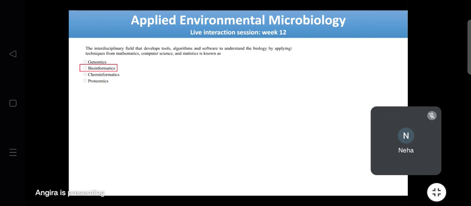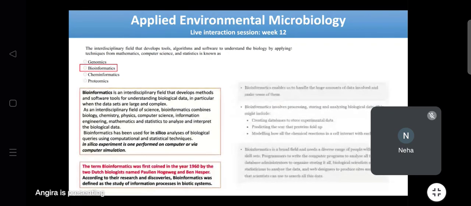So now for the clarity of everyone, let's check what bioinformatics is. As I had mentioned before, bioinformatics is an interdisciplinary field that develops methods and software tools for understanding biological data. In particular, these data are large and complex.